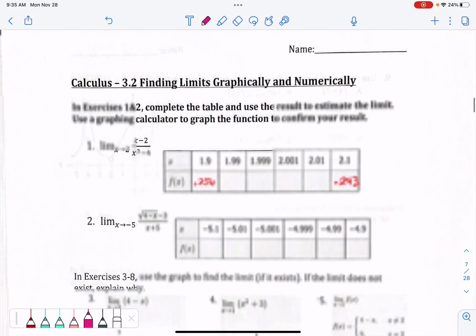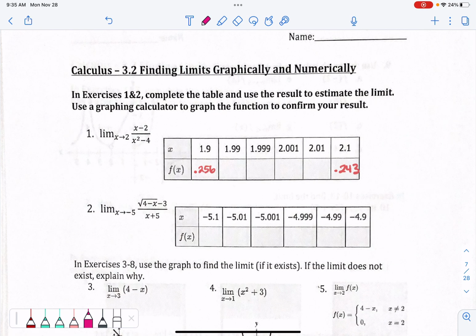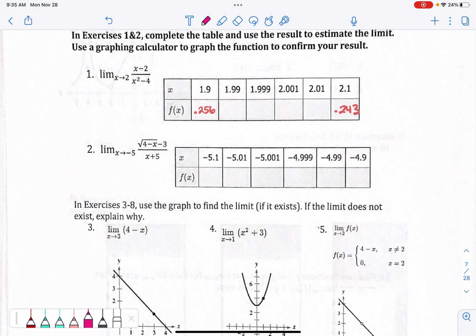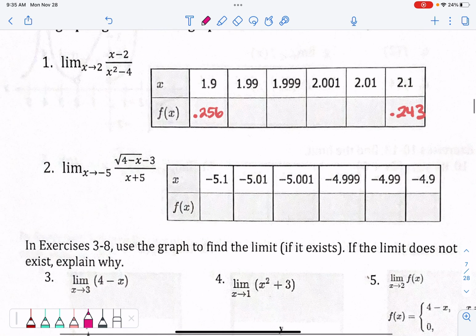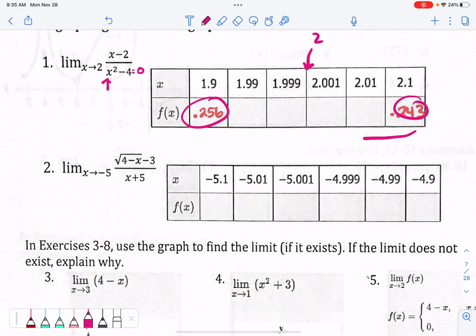Let's go down here and talk about some of these. In your first and second problem, we don't know what the limit is as we're going to 2. I cannot plug 2 in here because I'll end up with 0 in the bottom. That's going to be bad. So what we're going to do is plug in these values, and see on the right side and on the left side what number it's approaching on either side.